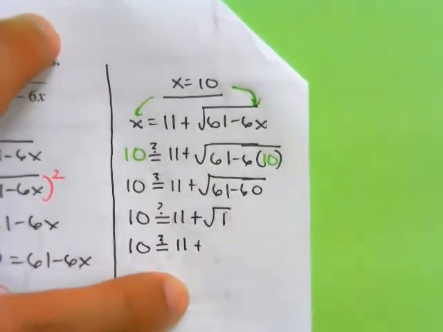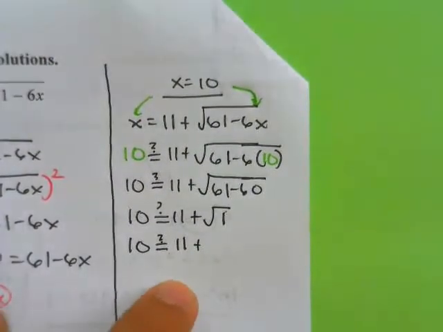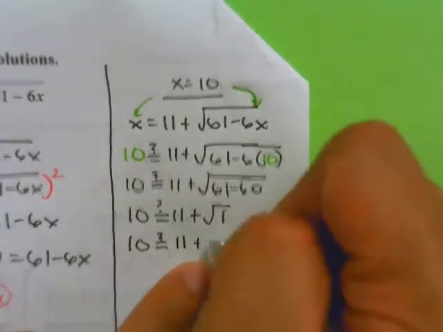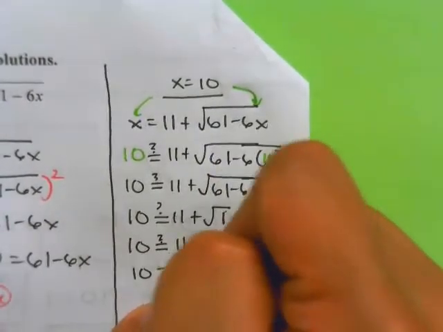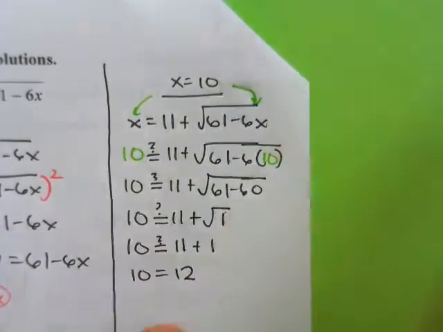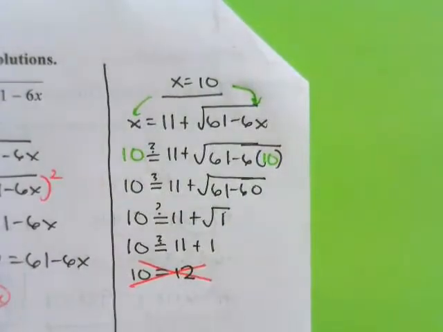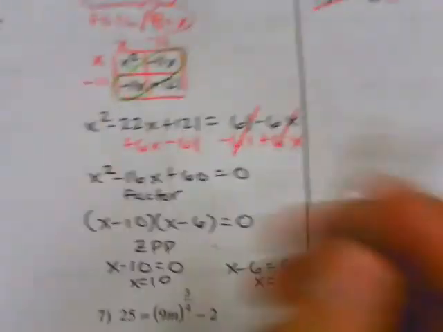It's a positive square root, so the positive square root of 1 is going to be 1. 10 is equal to 12? No. So we're going to reject 10.